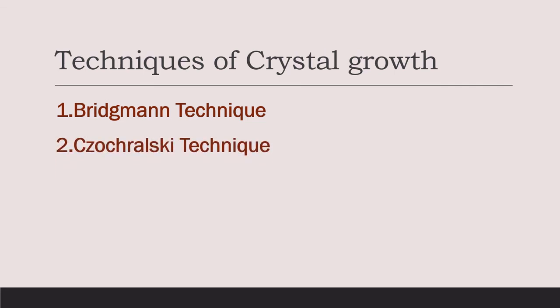The most popular growth technique is the CZ technique, or Czochralski technique, so this technique is definitely more important than the Bridgman technique. But in our session, first we talk about the Bridgman technique and then we will discuss the CZ technique of crystal growth.